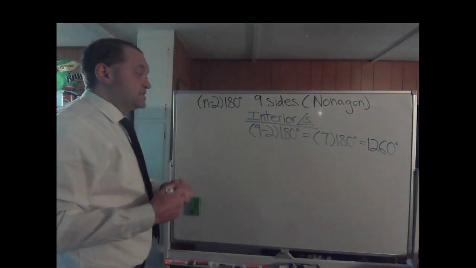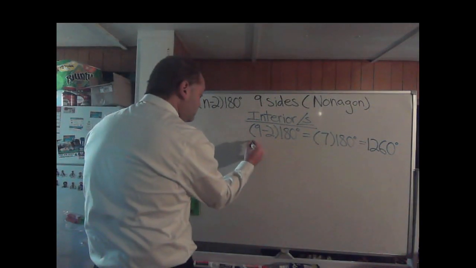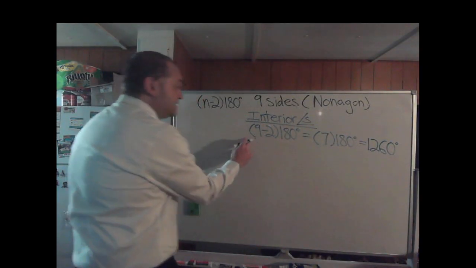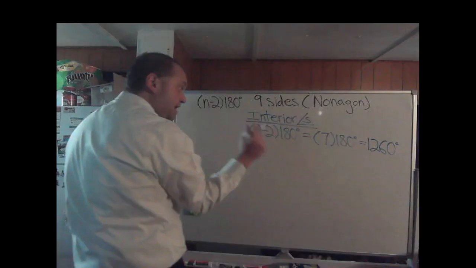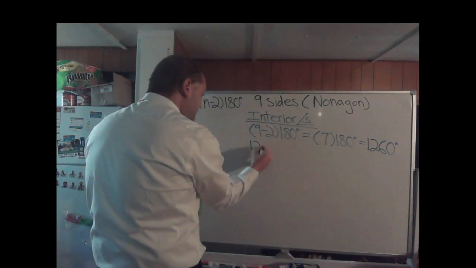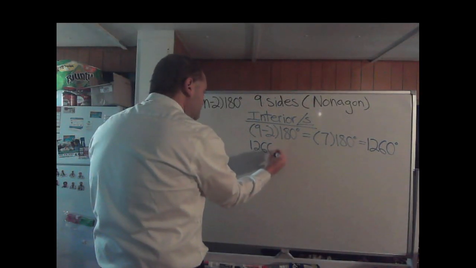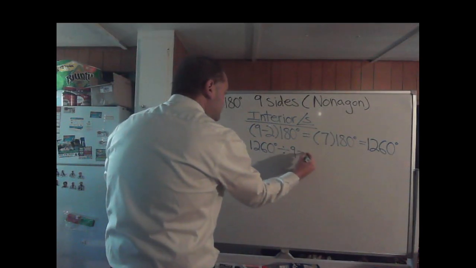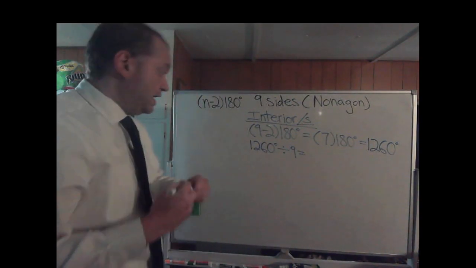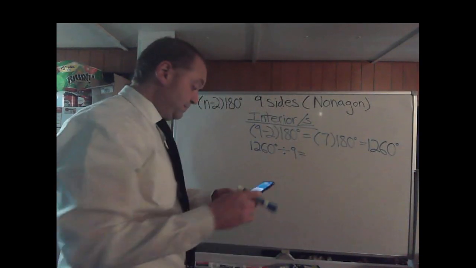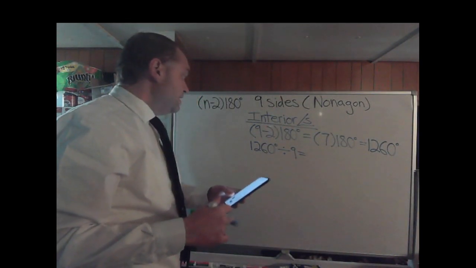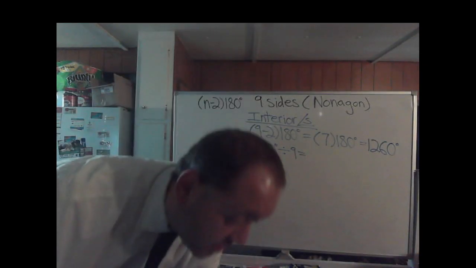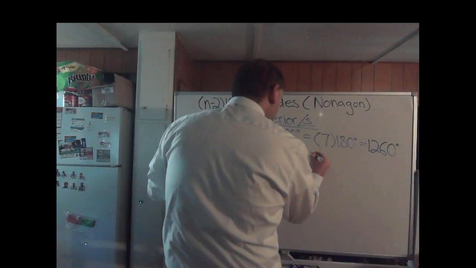However, we're being asked to find each interior angle. To find each interior angle, you take the sum of your angles and divide it by the number of sides you have. So we take that 1,260 degrees and divide it by 9 sides, because we have 9 sides, and what you get is 140 degrees for each angle.